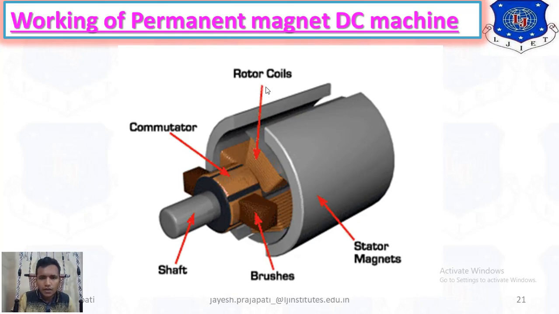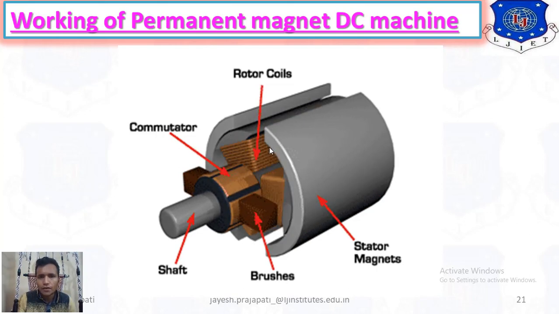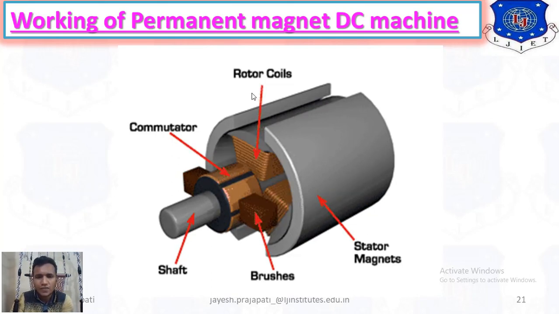Similarly, you can see the rotor, the commutator, the shaft, and the brushes. So basically the construction is the same as the DC motor, but the permanent magnet DC motor has two permanent magnets, so we do not use an external DC supply for the field. So that is the working of the permanent magnet DC machine.